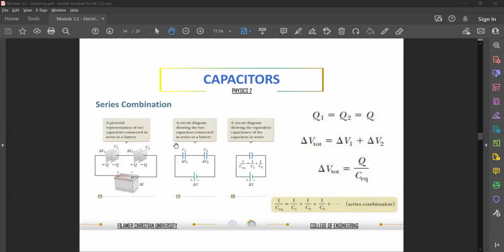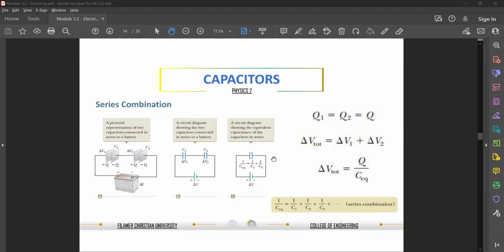In series, this is your representation and your circuit diagram, and this is the simplest form of the circuit diagram. The total capacitance in series is just the inverse.